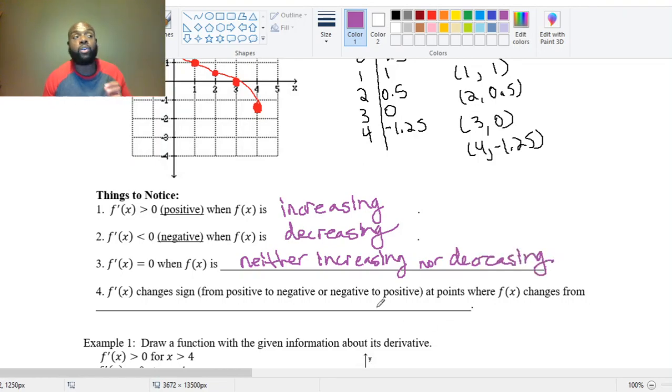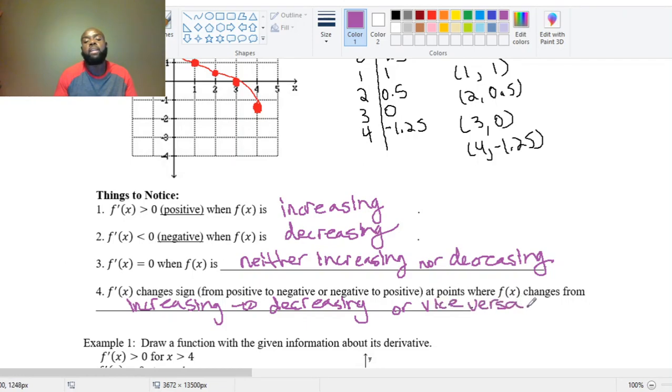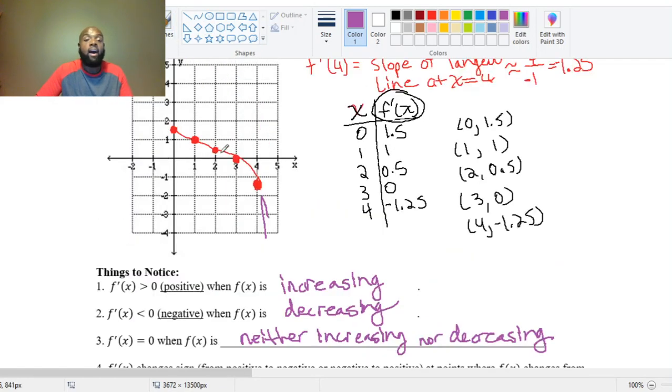In fact, your derivative changes signs from positive to negative, or from negative to positive, at points where f of x changes from increasing to decreasing, or vice versa, decreasing to increasing. And that is exactly what happens at x equals positive 3 here.